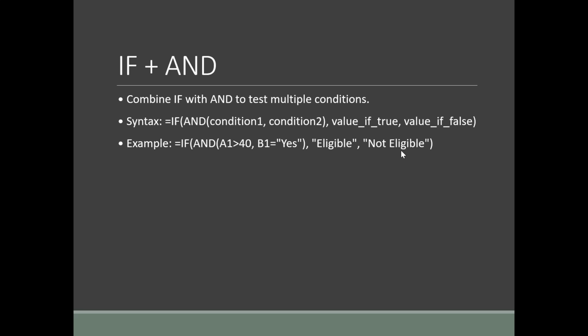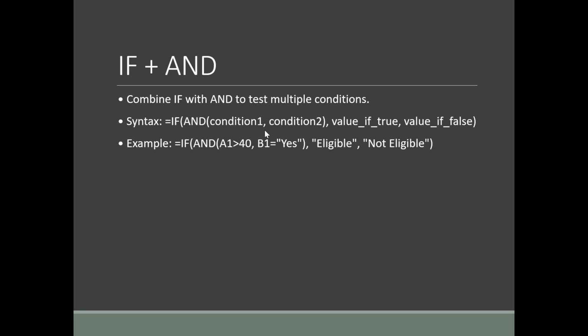Then IF AND. When are you going to use IF AND? Combine IF with AND to test multiple conditions, right? Once we have multiple conditions, in that case we have to use IF AND, IF OR, IF NOT. The second thing is, in a normal AND, the result by default returns the boolean expression true or false, whereas in IF AND, IF OR, and IF NOT, you can give your own messages, right?